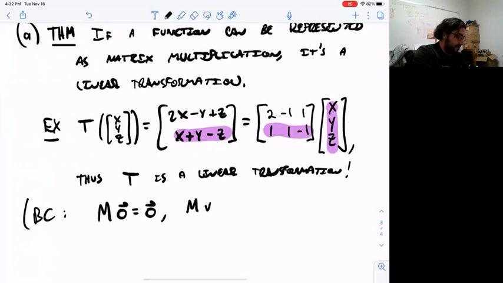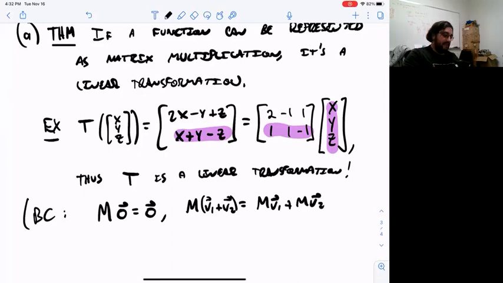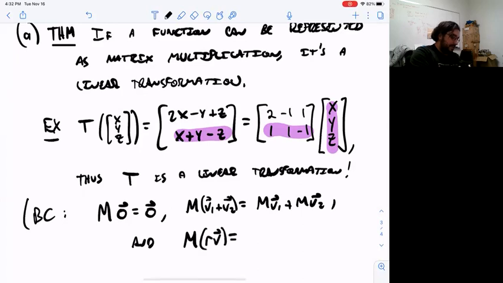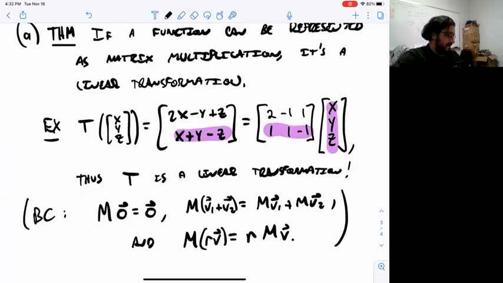A matrix times a sum of two vectors can be distributed across each. And if you have a matrix times a scalar times a vector, you can always factor that scalar out of that matrix multiplication. So this is why anytime you can represent it as matrix multiplication, you automatically get that it's a linear transformation.